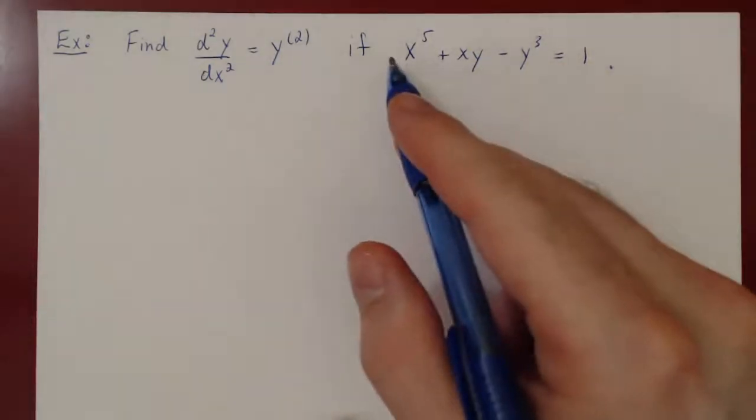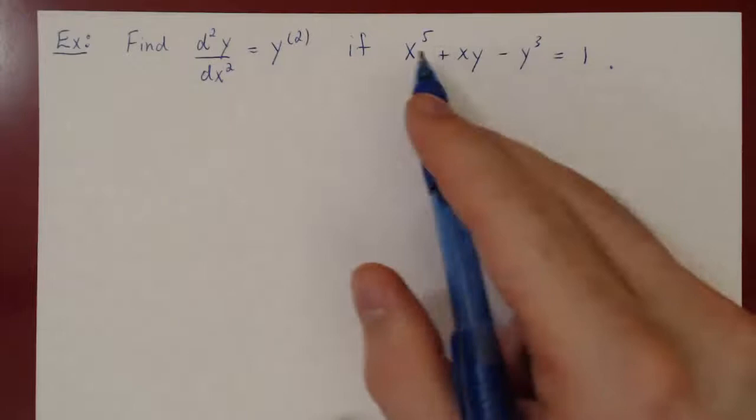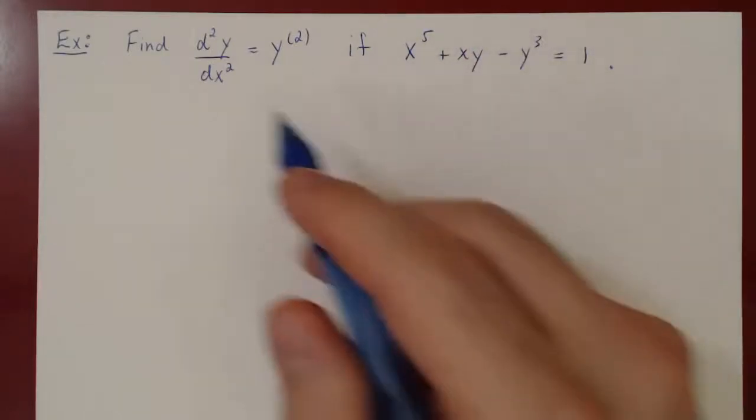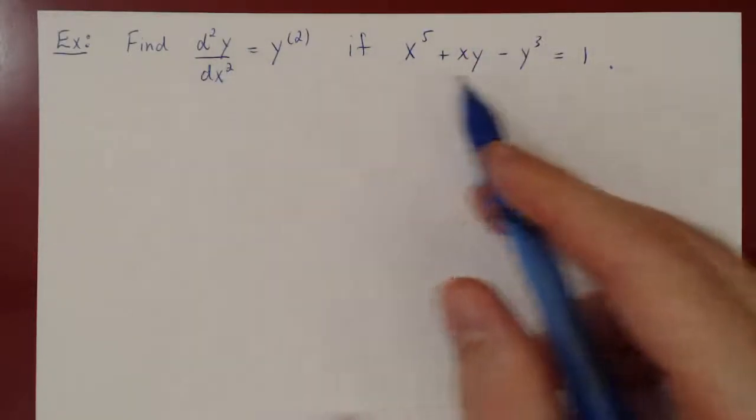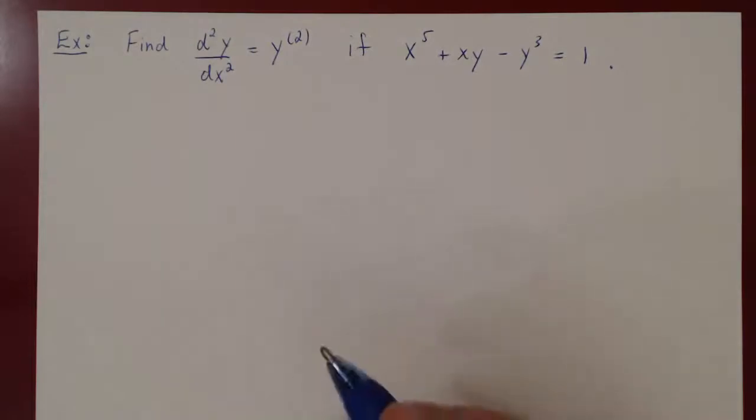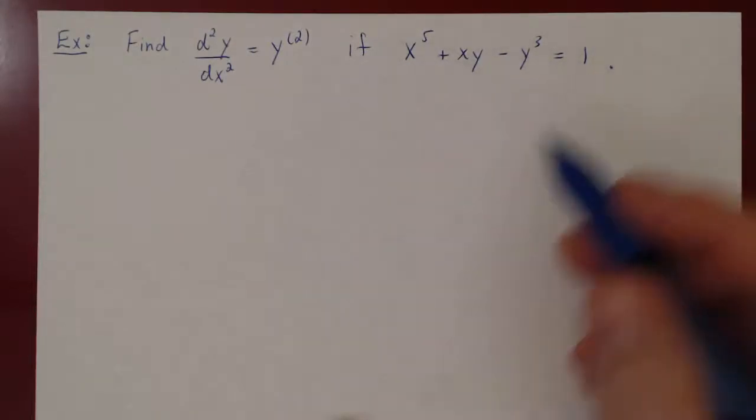So we have here a curve in the xy plane defined by this equation, and we want to find the second derivative of y. So let's use implicit differentiation.